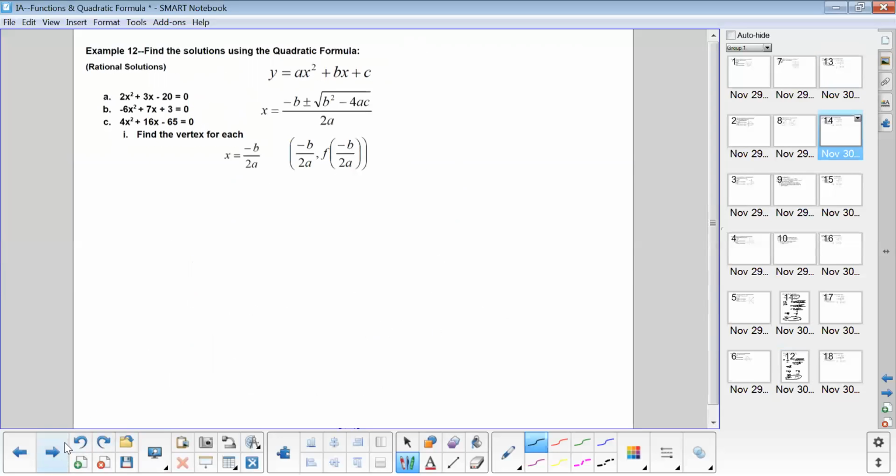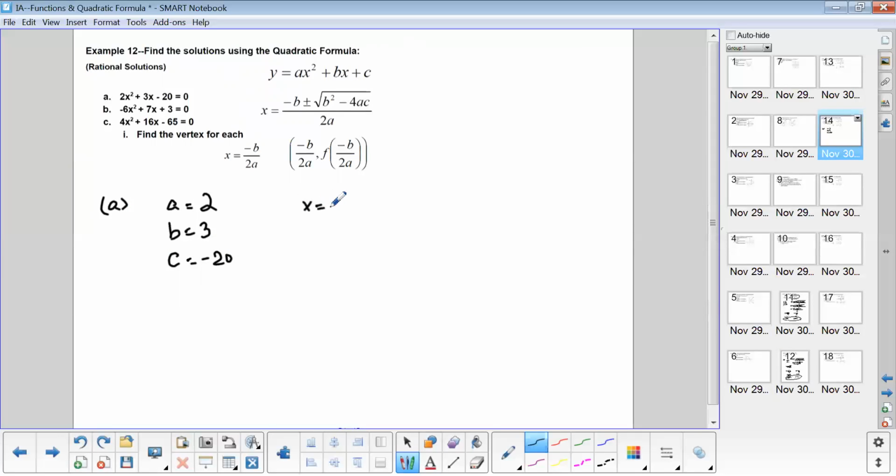So I'm going to skip to example 12, and let's look at part A, where a is 2, b is 3, c is negative 20.